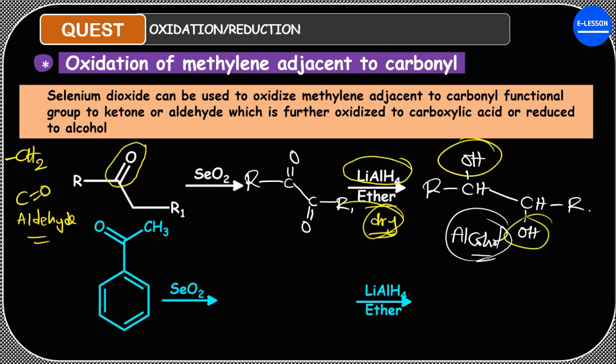Selenium dioxide is capable of oxidizing the methylene group that is adjacent. When you say adjacent, it means close to a carbonyl group, right? If it oxidizes it, it gives us a carbonyl group in that particular place where the methylene group was initially.